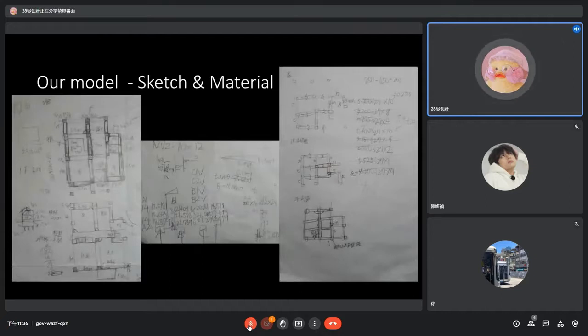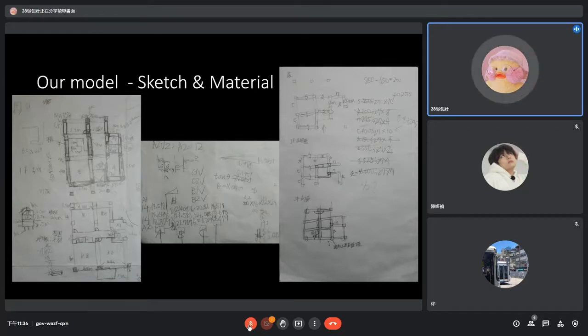The next step is to follow the approximate location of the previous one. We plan the location for the columns and beams. It is important to build the actual size.